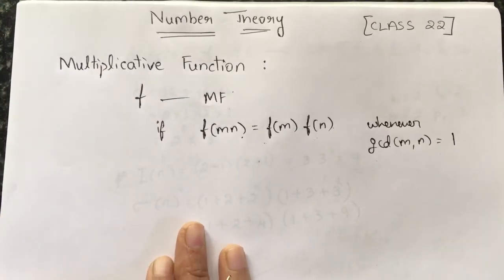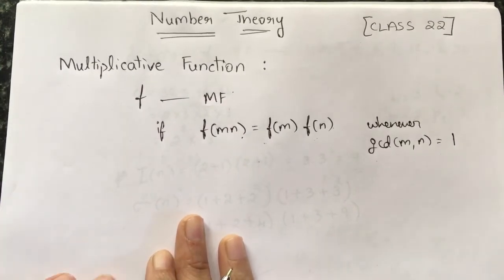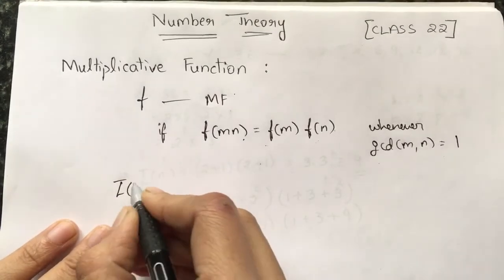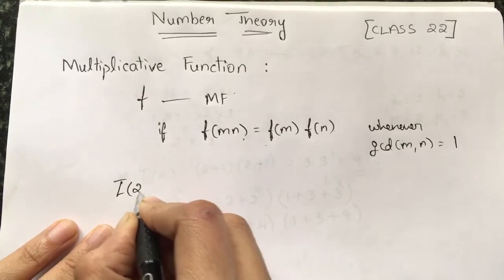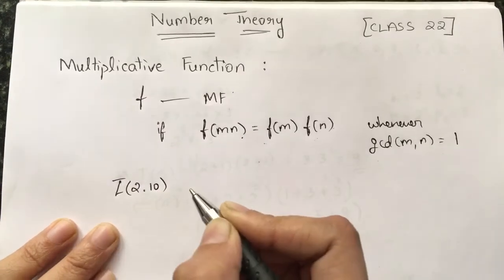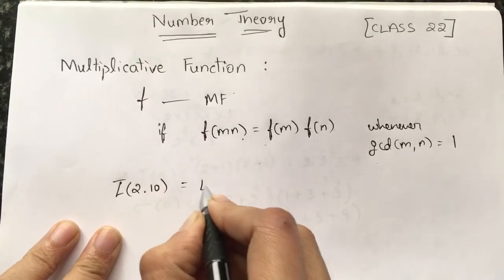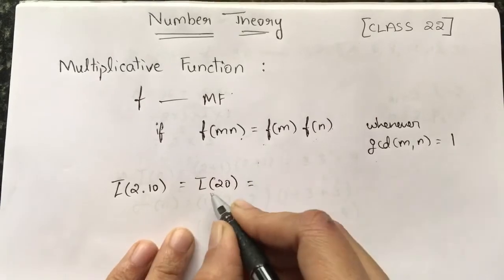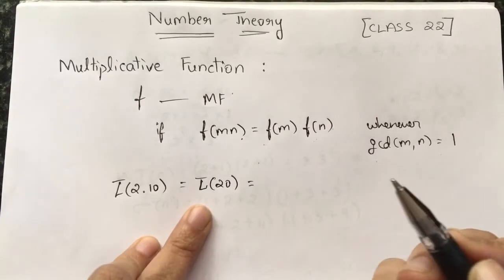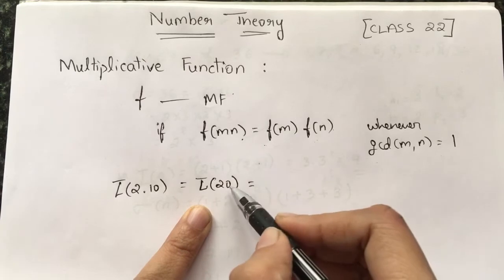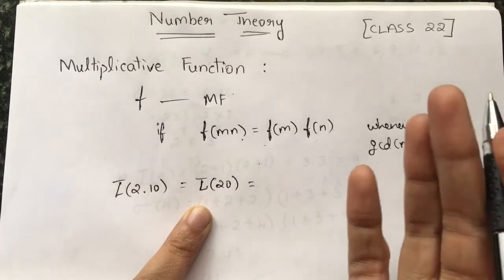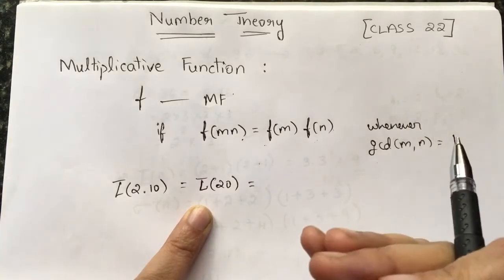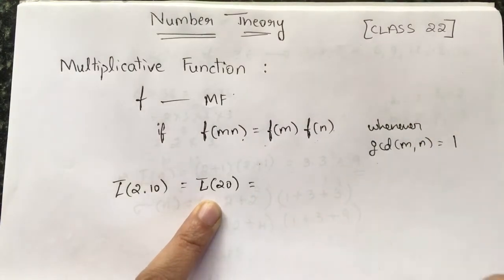When we observe the tau and sigma functions, suppose I have tau of 2 into 10, that is tau of 20. How much is it? Tau is nothing but the number of positive divisors of 20. So 1, 2, 4, 5, 10 and then 20.